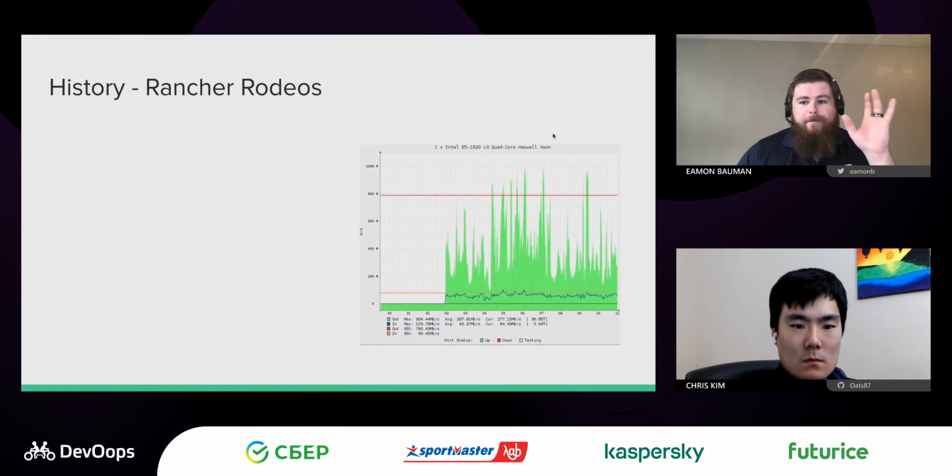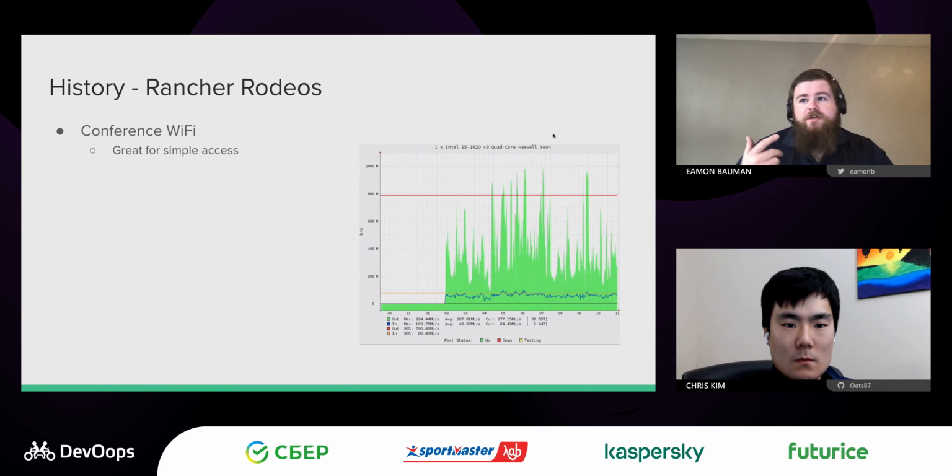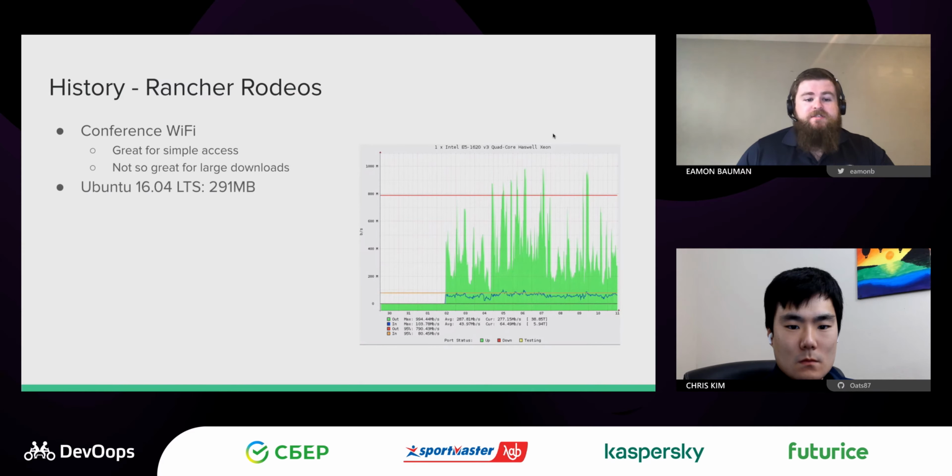graph here, bandwidth. That was a big concern at the Rancher Rodeos. Conference Wi-Fi is great for simple access when you need to download email, when you want to check Facebook, when you want to come to a DevOps conference, but it's not so great for large downloads. So for instance, we would have our rodeo attendees download an Ubuntu 16.04 LTS image.